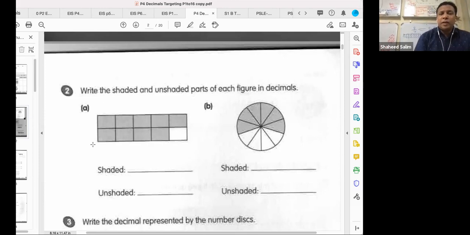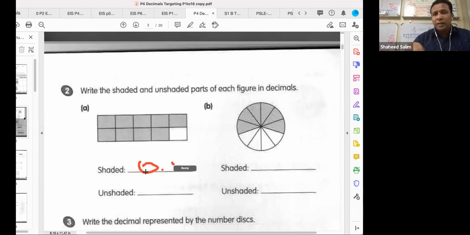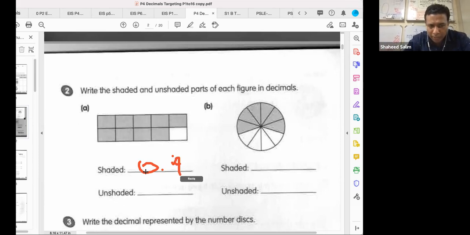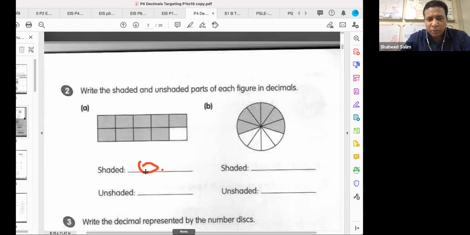Can you write down? Don't need to write fraction. You can go straight to decimal if you're comfortable. If you're not comfortable, you write. Yeah, okay. So you're comfortable. So 0.9, good. Below it, unshaded. Okay, 0.9, correct. Unshaded is what? Okay, good.